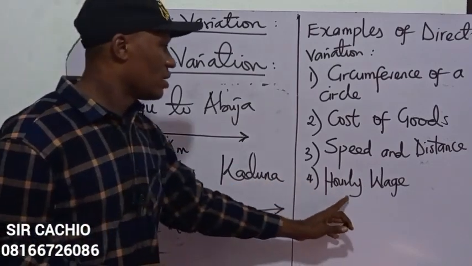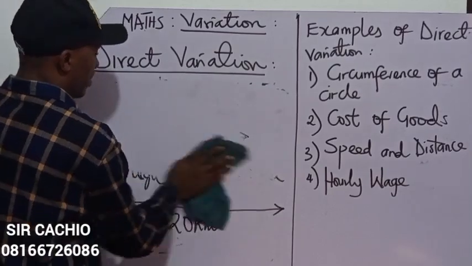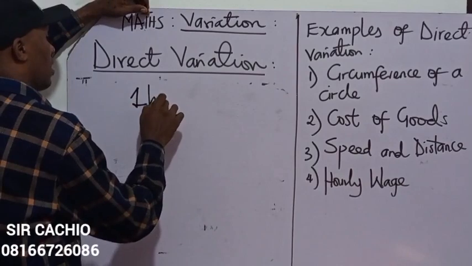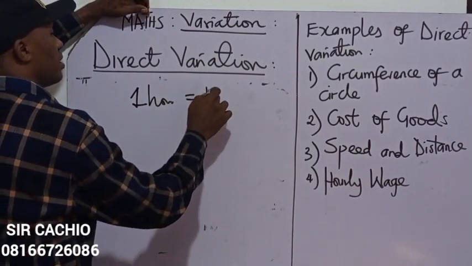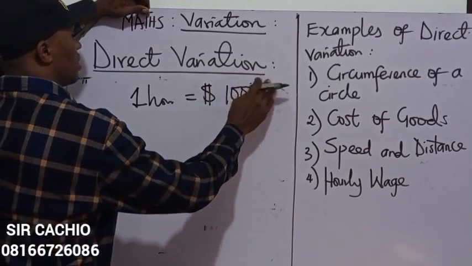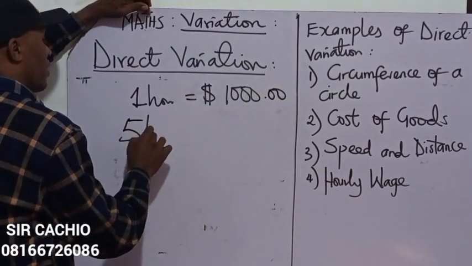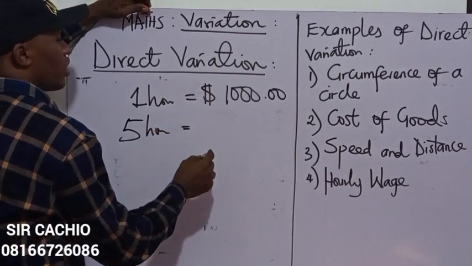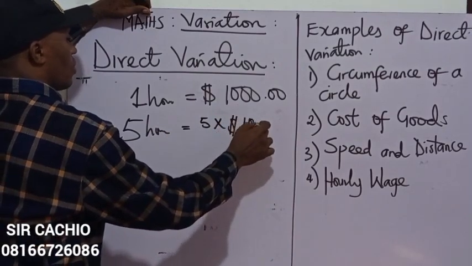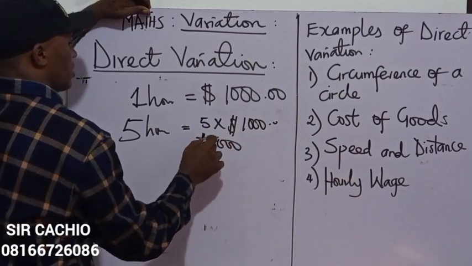Okay, we'll go to the next one, the hourly wage. If I'm working for 1 hour and I'm earning $1,000, then if I'm going to work for 5 hours, I'm going to earn more, meaning 5 times $1,000, which is $5,000.